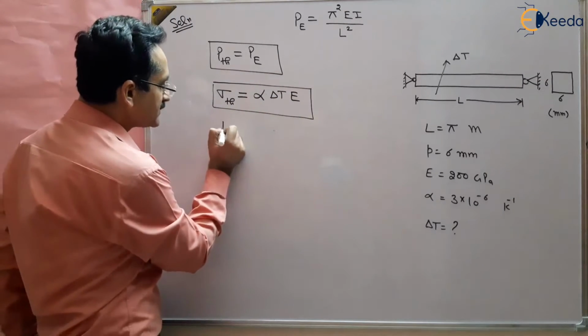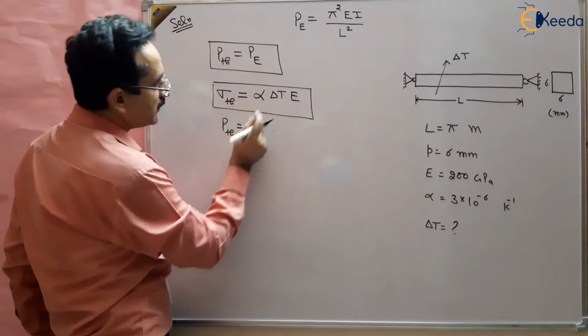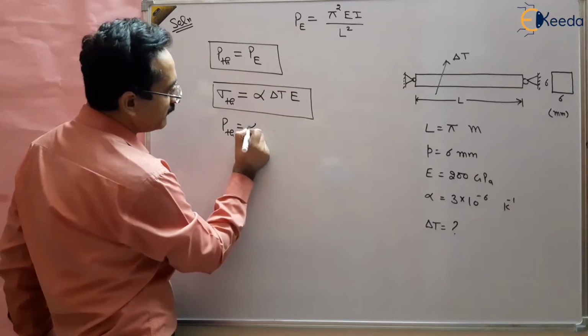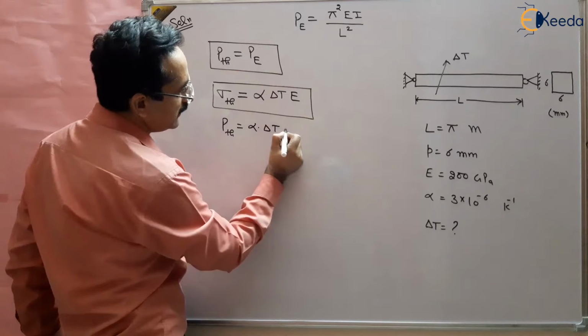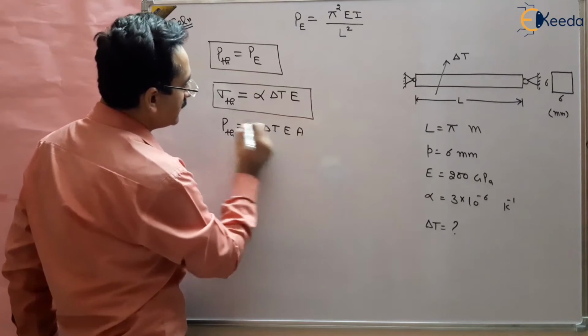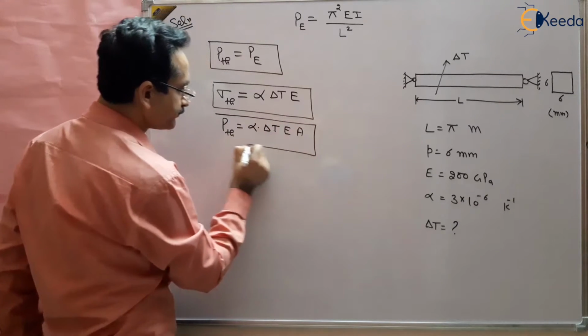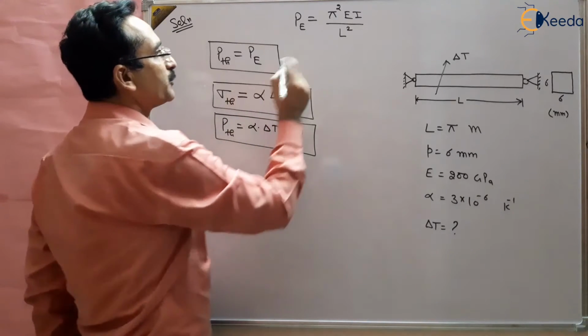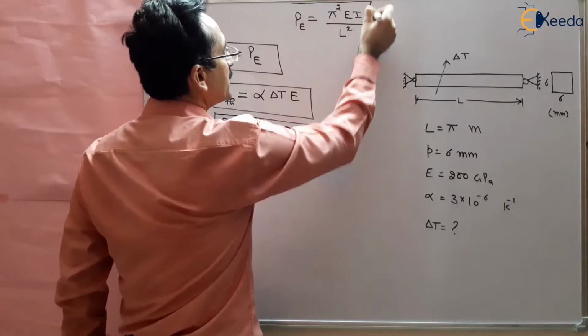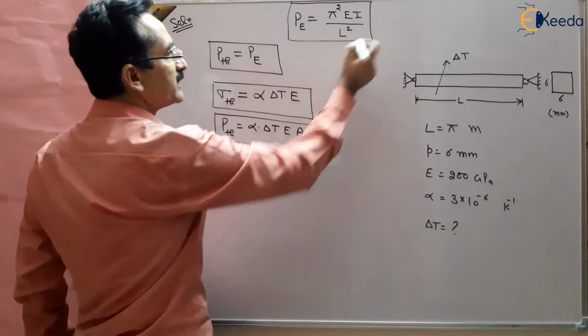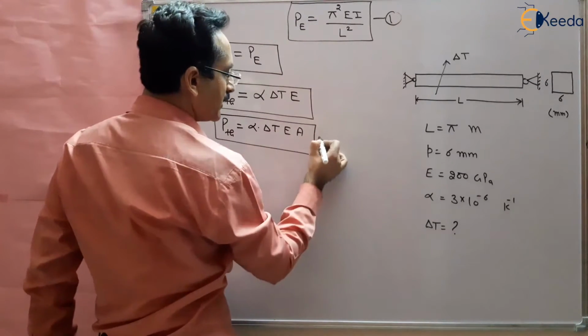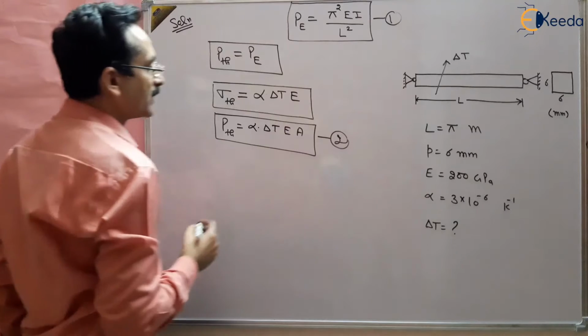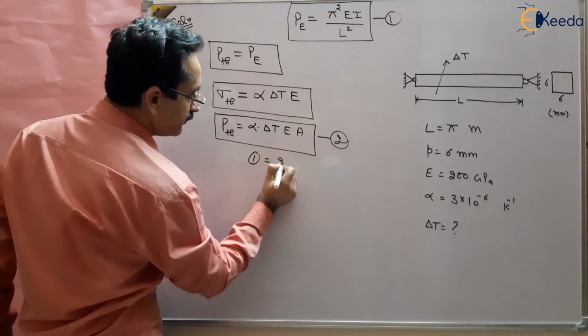So thermal load is stress multiplied by area. So alpha delta T E multiplied by area. So this is the thermal load. And at the buckling point, this Euler's load must be equal to this thermal load. So this 1 and this 2 should be equal for failure. So 1 will be equal to 2.